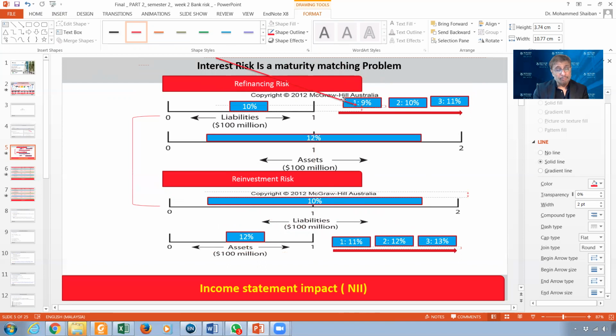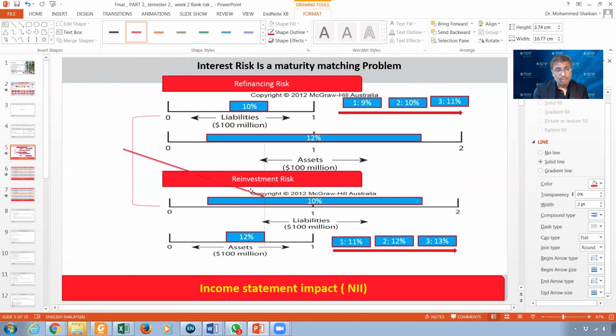Likewise, there is no risk here, there is no risk here, but there is a risk here. So please understand this issue. This is what we call refinancing risk.